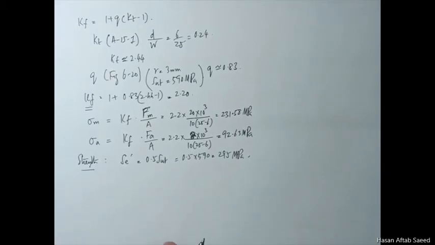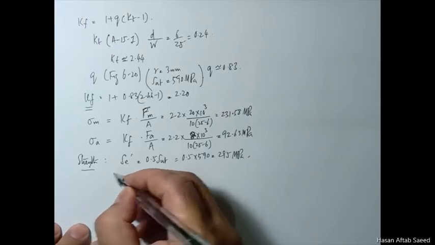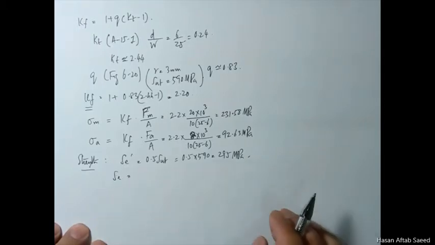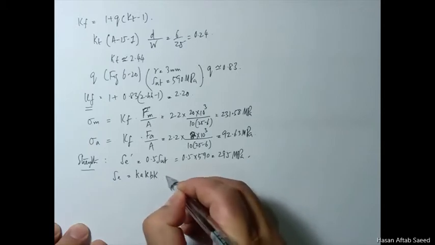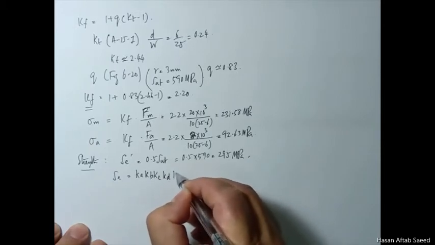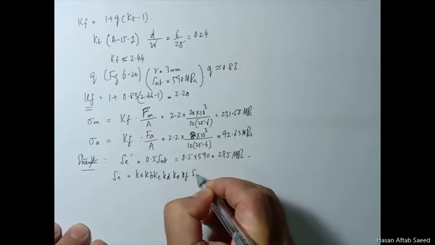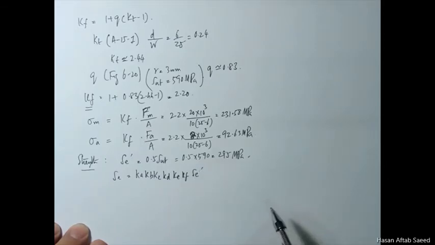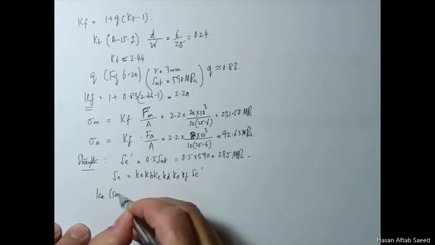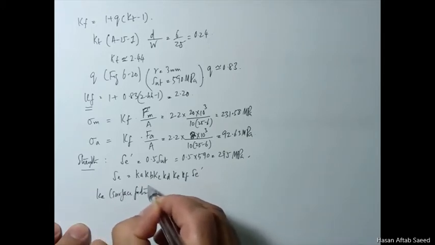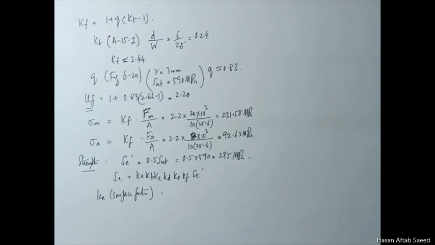Now we need to find the Se value, and that is Ka, Kb, Kc, Kd, Ke, Kf, all the Marin factors, into Se prime. Now Ka, the surface factor. We are told that it's a cold drawn component.